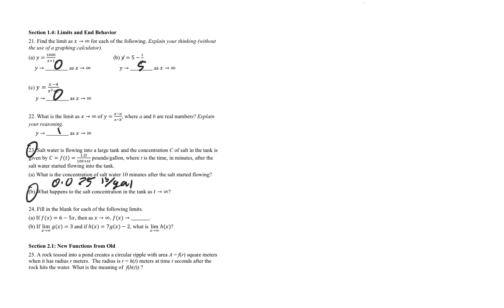Part B asks what happens to the salt concentration as t approaches infinity. So in other words, what's the limit as t approaches infinity of our function? That would be the limit as t approaches infinity of 1.2t over 100 plus 6t.